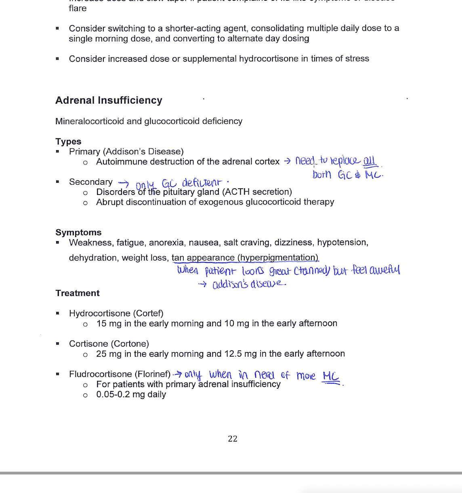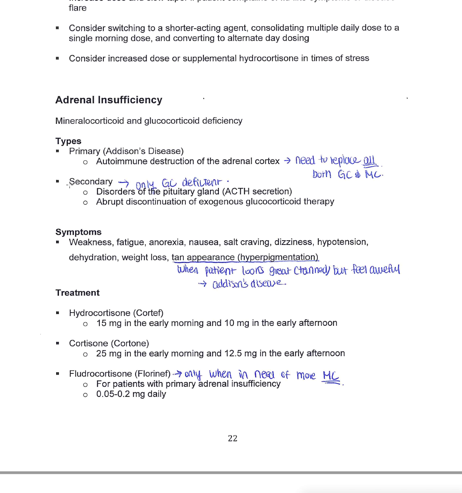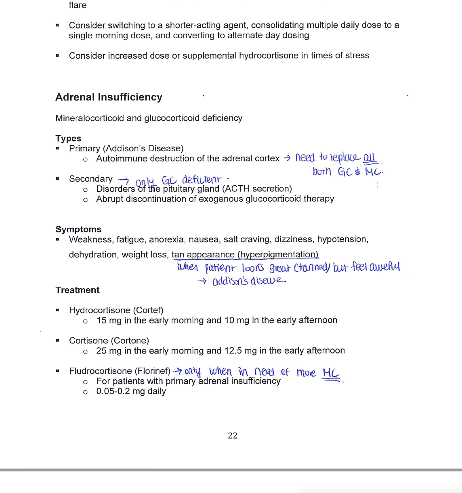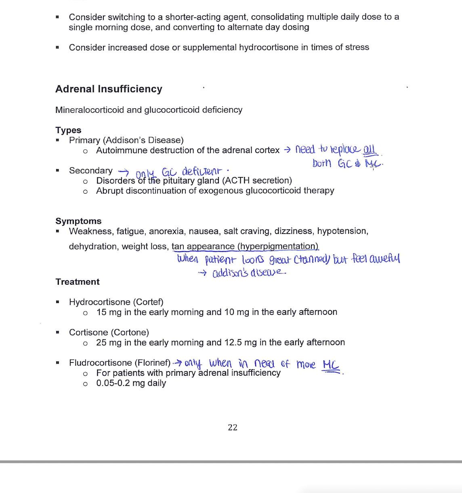Because of the HPA axis suppression, it's causing adrenal insufficiency. For the secondary type, it's only glucocorticoids that are being affected, so you need to replace only the glucocorticoids. You don't have to worry about mineralocorticoids because, again, that is regulated by the RAAS system, so we don't have to worry about replacing mineralocorticoids.